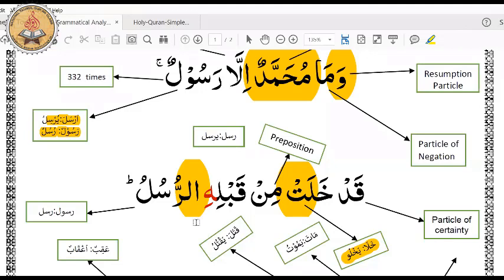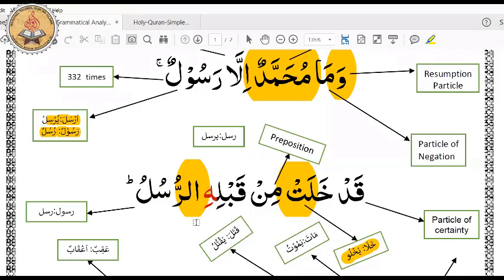In the previous lessons, we said that Masih ibn Maryam is nothing except a messenger. The same word, only Masih ibn Maryam is a murakkab noun, a combined noun, because of his significance, being the son of Mary.